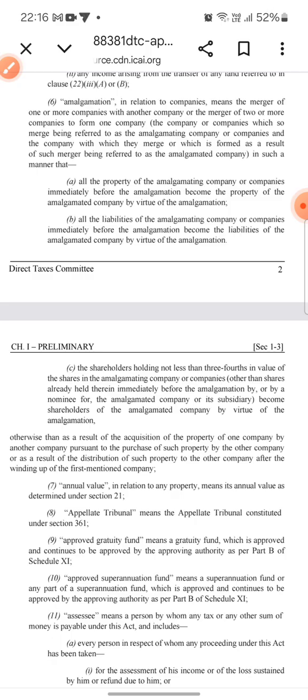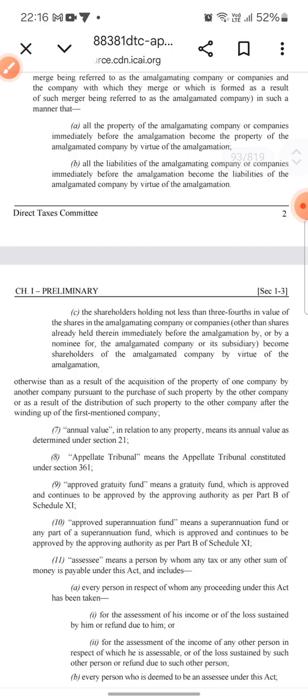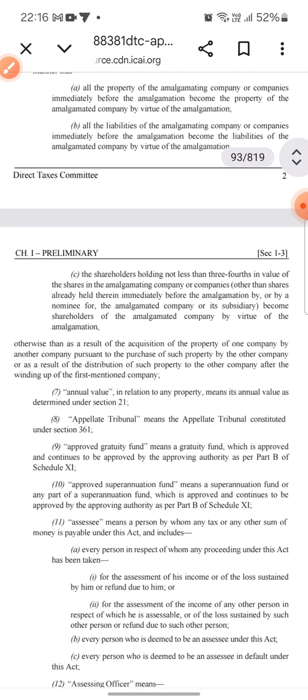Shareholders holding not less than 3/4 in value of the shares in the amalgamating company or companies, other than the shares already held therein immediately before the amalgamation by a nominee for the amalgamated company or its subsidiary, become the shareholders of the amalgamated company by virtue of amalgamation, otherwise than as a result of acquisition of property of one company by another company pursuant to the purchase of such property by the other company or as a result of distribution of such property to the other company after winding up of the first mentioned company.